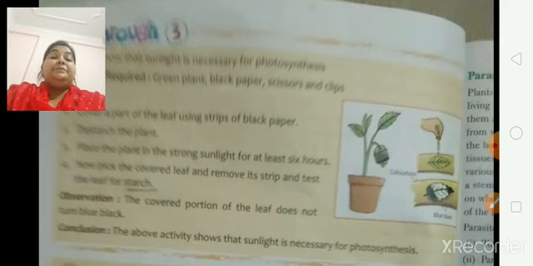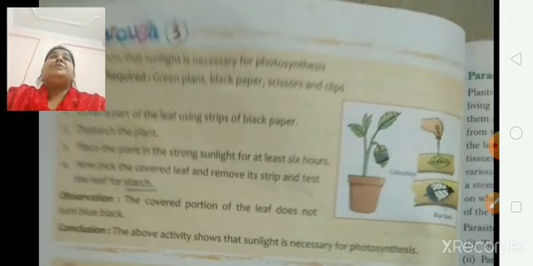If the covered portion does not turn blue-black, that means the starch from there has been used up by the plant and no sunlight was there, so there was no food preparation. The leaf was unable to prepare food.